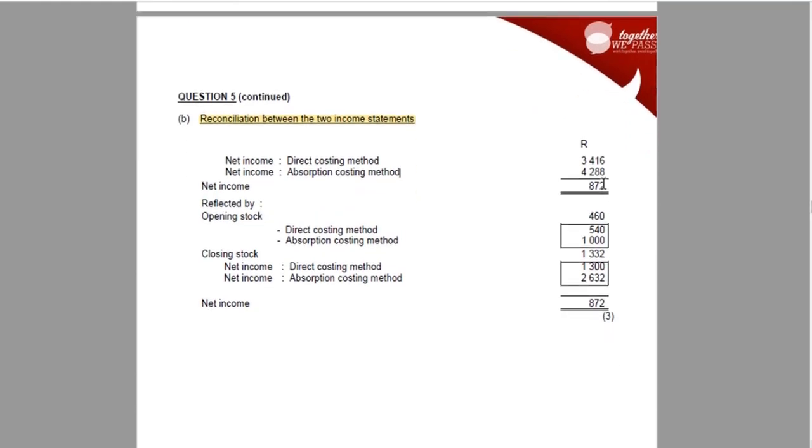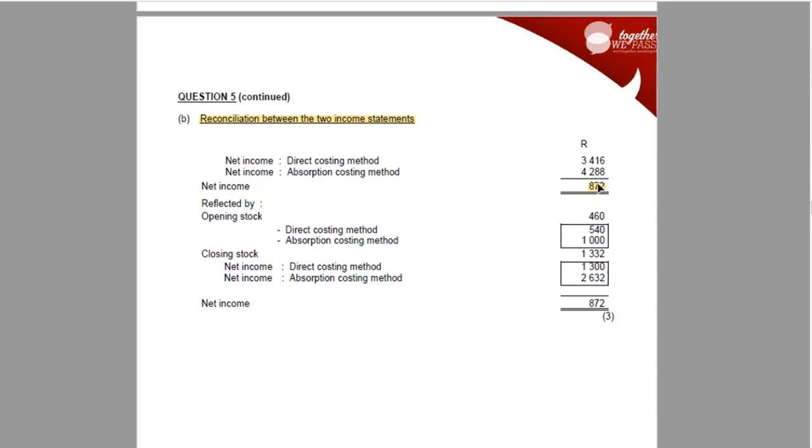Even though it might not be too correct, at least get the estimation right. So you take the amount from what you've calculated. Under direct costing is 3.4. Under absorption, it's 4.2. So we are trying to reconcile this 872 to say, where does this come from?